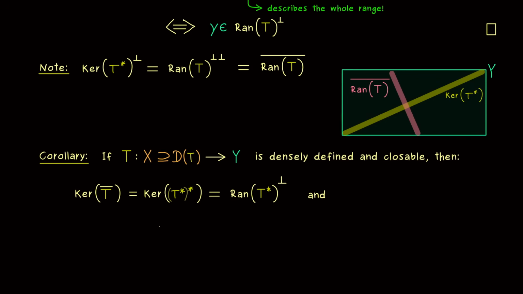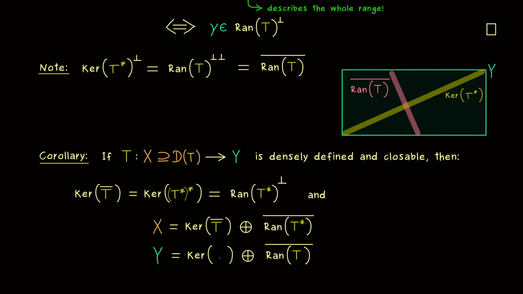And moreover, this whole thing implies that we get a nice decomposition of the Hilbert space X. Namely, we have the closed kernel and the orthogonal complement of it, which is the closure of the range of T star. So there, the adjoint is used for the range. And on the other hand, we already know it's the other way around for Y. So there, as written before, we have the adjoint in the kernel.